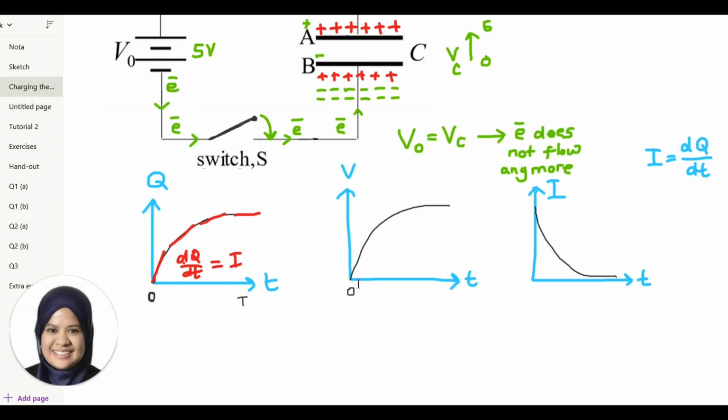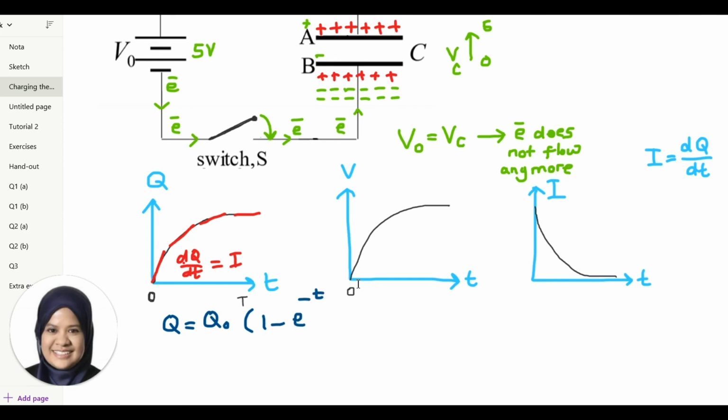So apakah equation saya? Equation saya untuk Q sama dengan Q naught 1 minus epsilon negative T over RC.